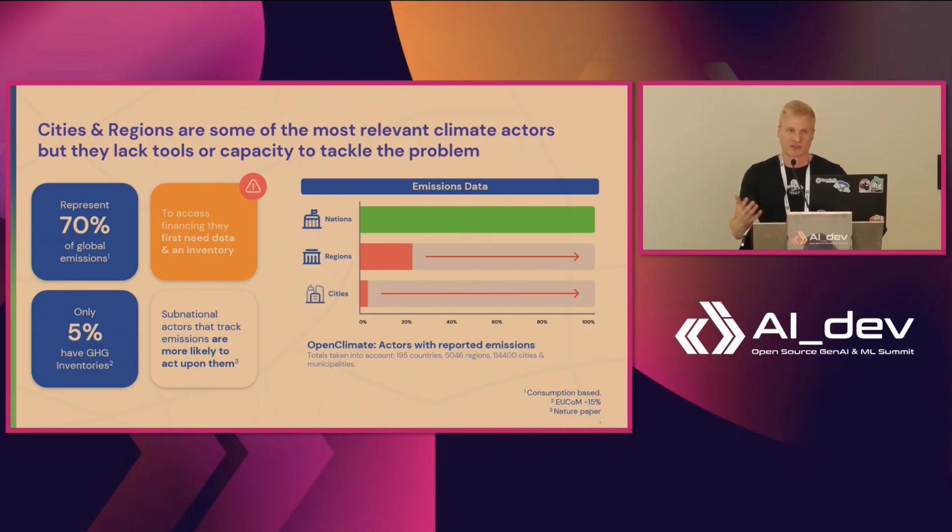And this is also a big problem, because first of all, if a city doesn't know what emissions they are emitting in which sectors, they cannot really do anything against that. And the second reason is, even if a city wants to implement some sort of action, a prerequisite of implementing any action is usually, for funders to give money for this, to have an emission inventory in place. So basically the bottom line is cities are the top emitters, but they don't really know what's going on in their city and don't really know how to tackle this.